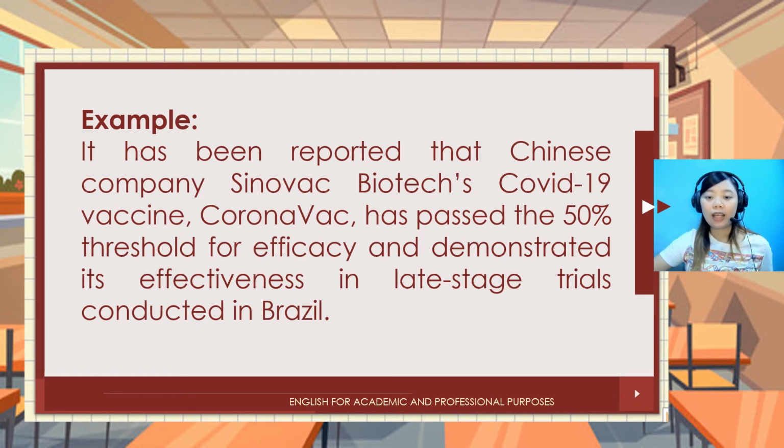Another thing is it pertains to or shows evidence, like CoronaVac has passed the 50% threshold for efficacy and demonstrated its effectiveness in late-stage trials conducted in Brazil. So it's actually a good example sentence for academic text.